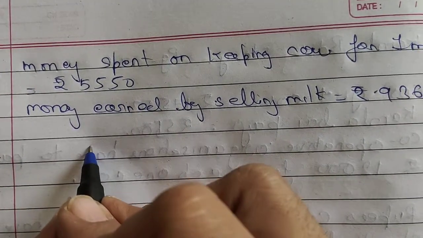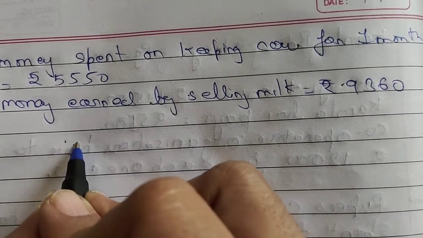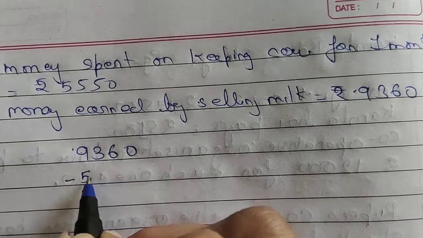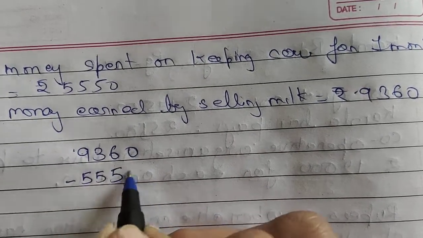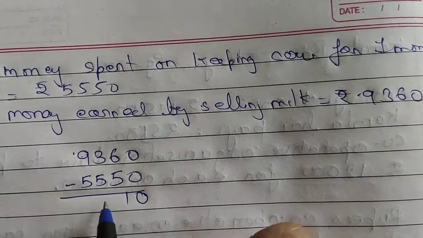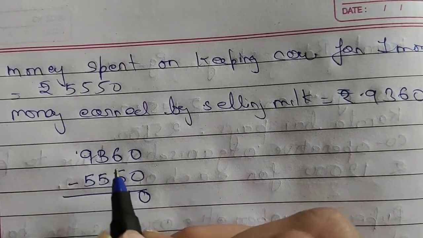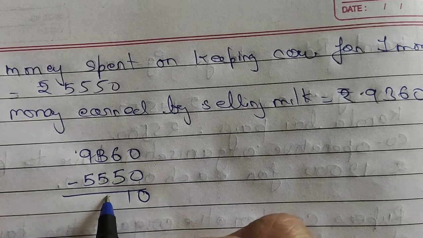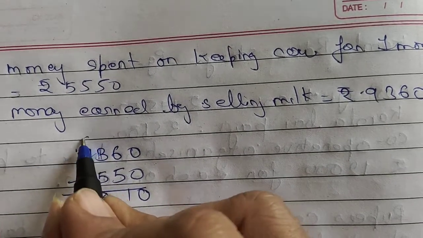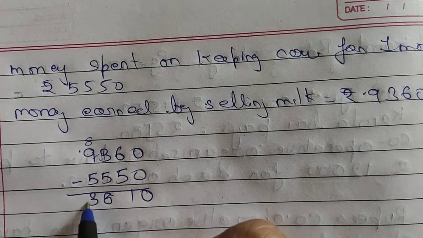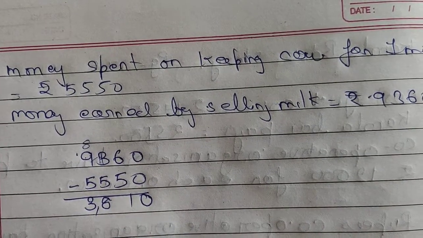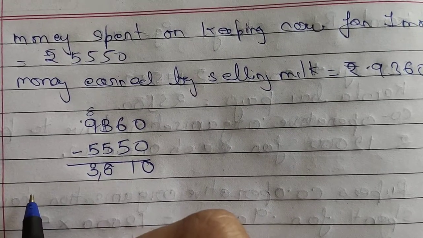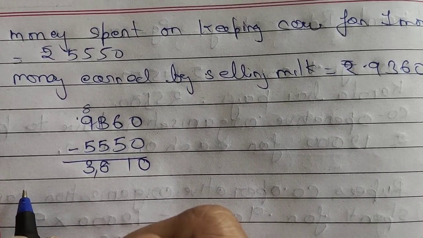We will find it by subtracting. 9,360 subtracted by 5,550. 0 minus 0 is 0, 6 minus 5 is 1, 9 minus 5 is 3, so it is 3,810 rupees.